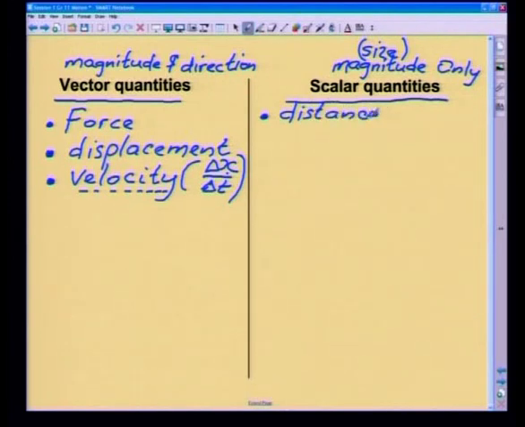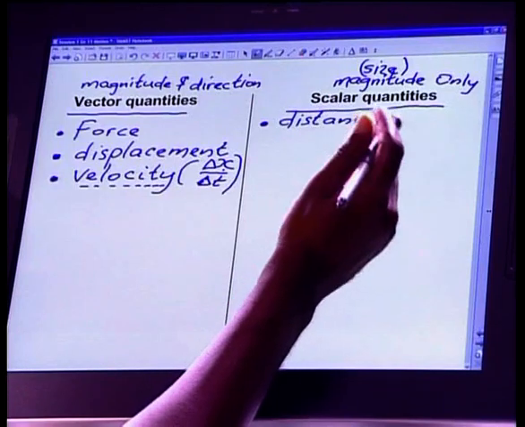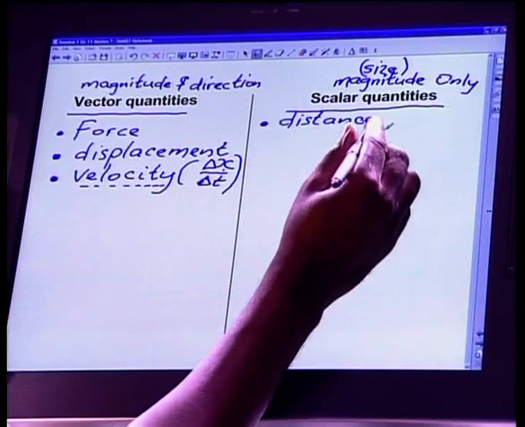Now, you remember in our initial example or drawing that the actual path followed by the object in changing its position from A to B was actually not a straight line. What was a straight line was the displacement, the change in position of the object. Now, that actual path followed by the object in changing its position from A to B is called distance.